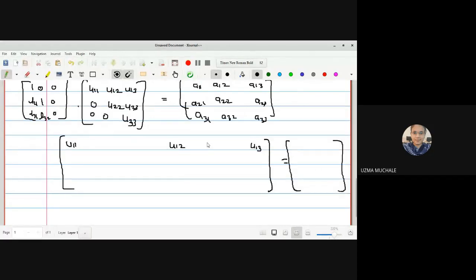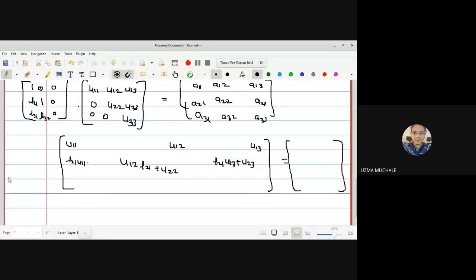Let us go for the next row: L21 U11, then U12 L21 plus U22, then L21 U13 plus U23.